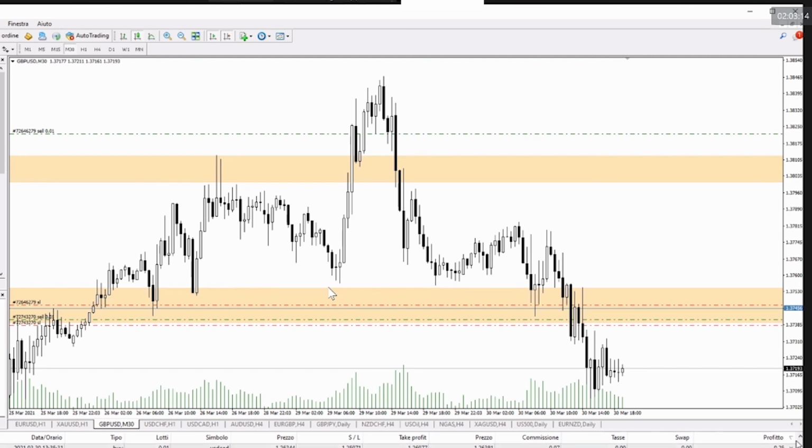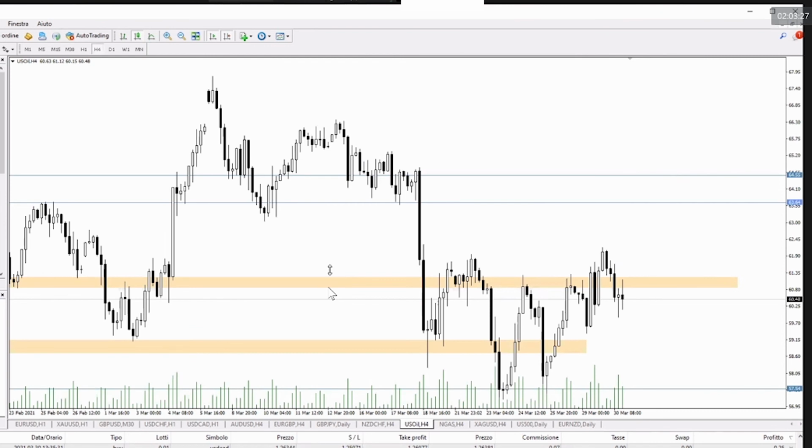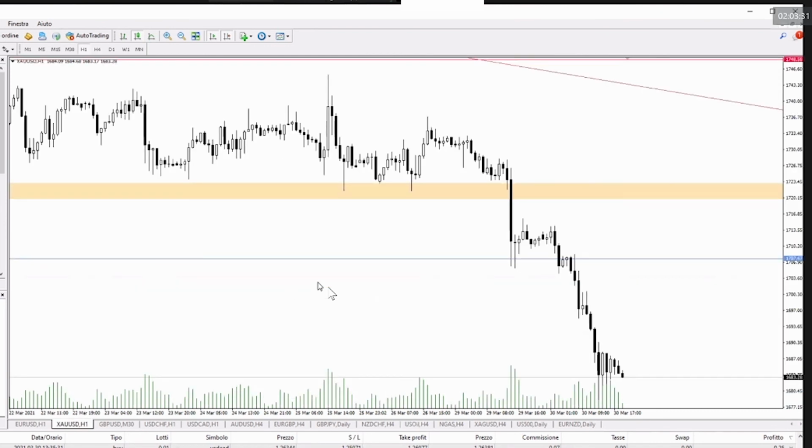What was killing me a little bit was the gold and the oil. Gold slaps a lot of people around, because on gold, even if you use a small lot size, it moves fast. It has a lot of moves. So even with a tight stop loss, it will be maybe 2 or 3% of the account.